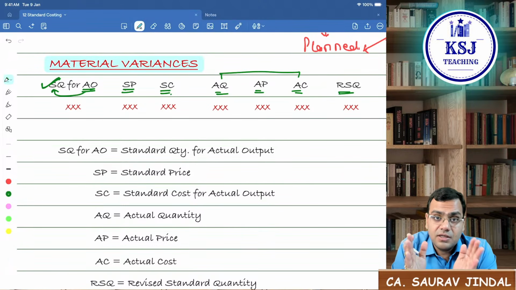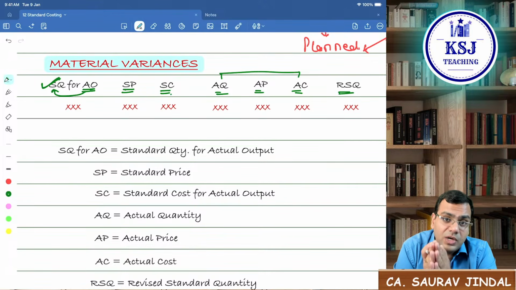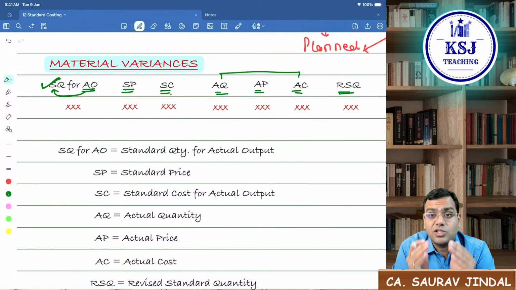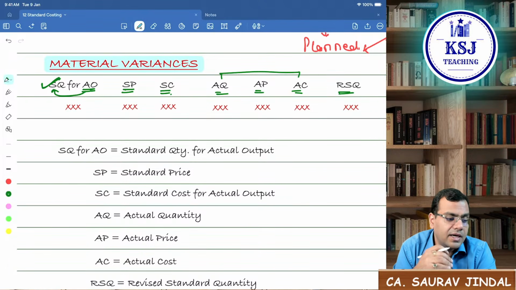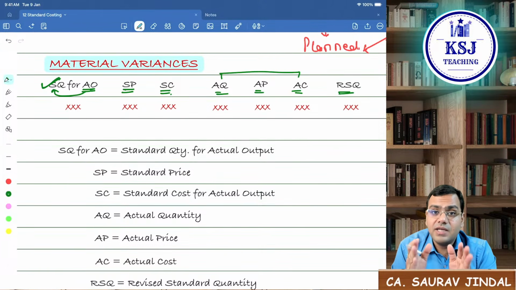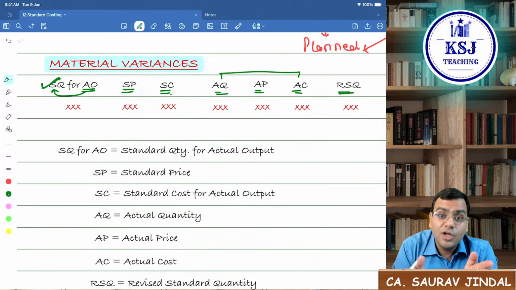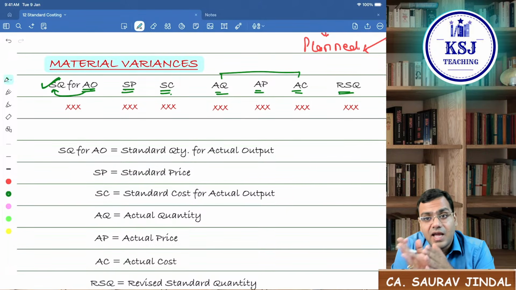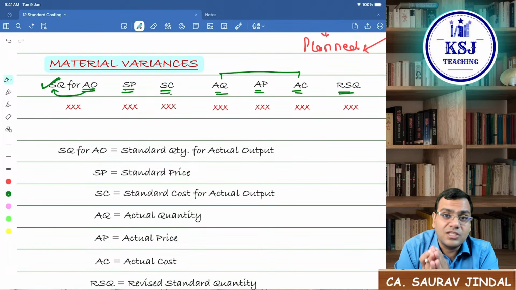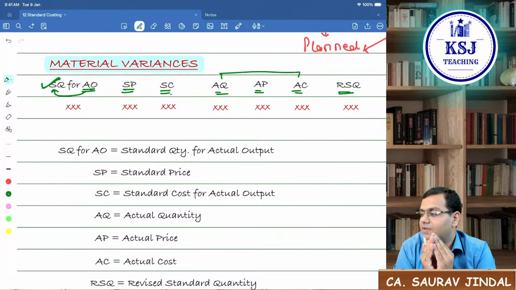The comparison between the standards and the actuals for variance analysis can be done only if the standards and actuals are for the actual output. That is why we are calculating the standard quantity for actual output.